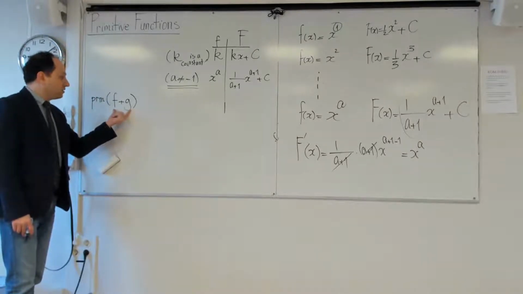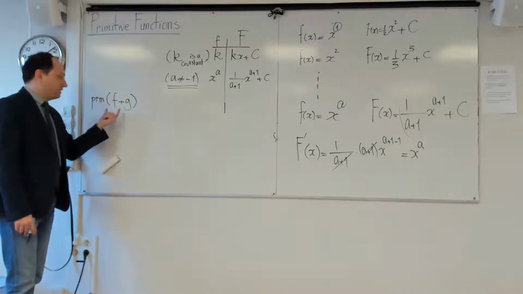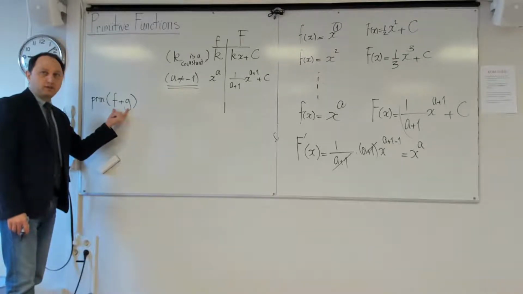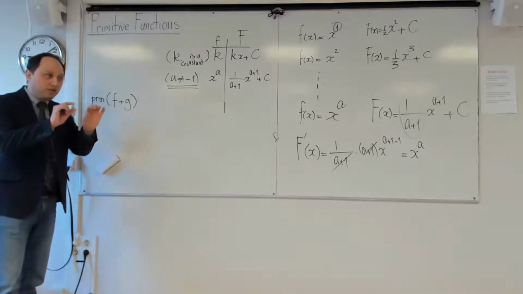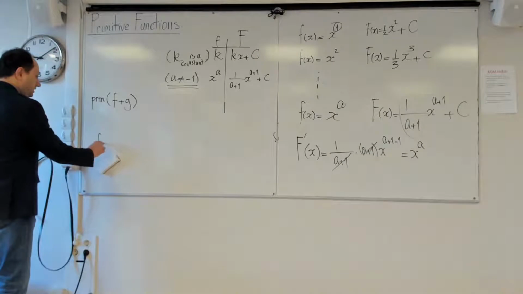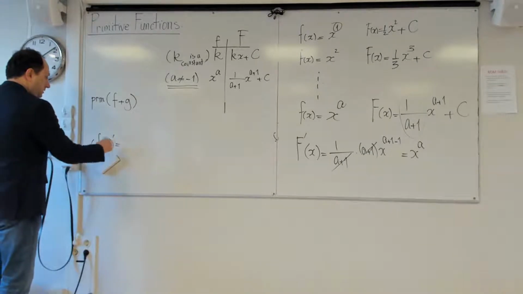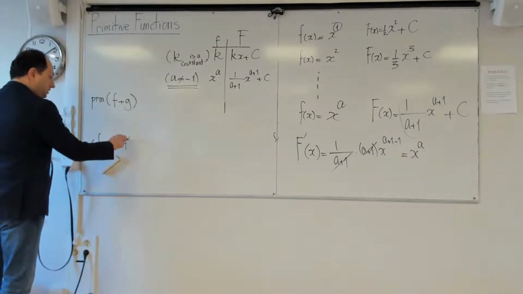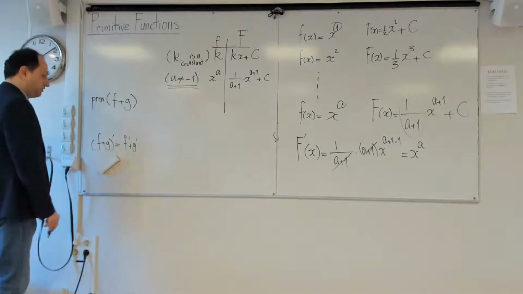Or I am asking you this, is there any relation between the primitive of a sum with the primitive of each one of these functions? So for the derivative, we learned that the derivative of the sum is the derivative of the first one plus the derivative of the second one.